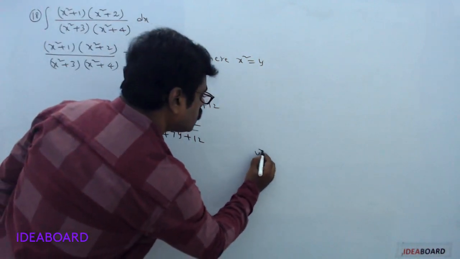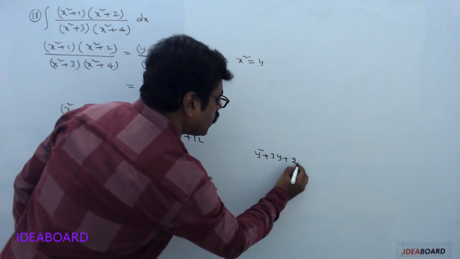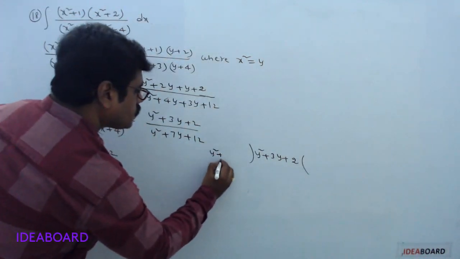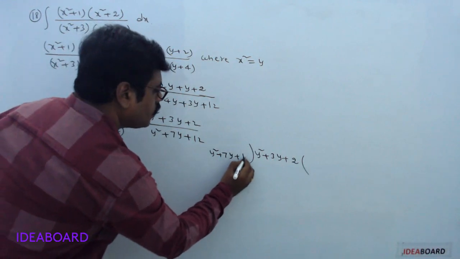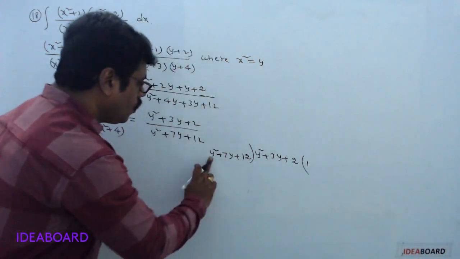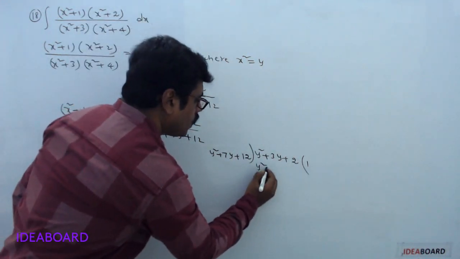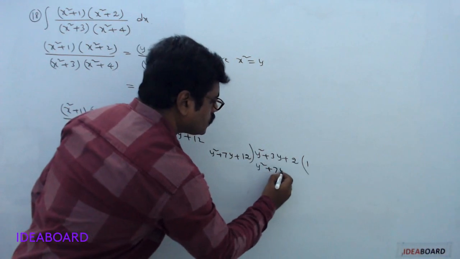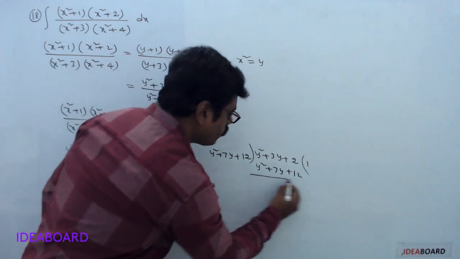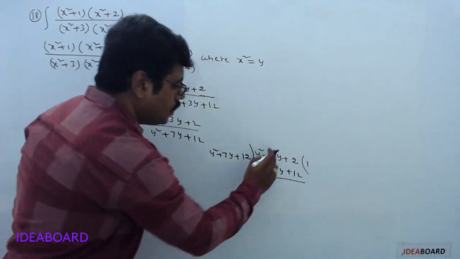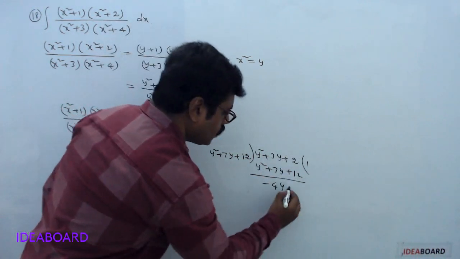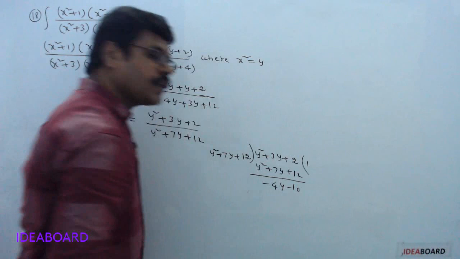Divide the numerator. This is y square plus 3y plus 2. Denominator, this is y square plus 7y plus 12. Multiply with 1. Y square into 1, y square, 7y into 1, 7y, 12 into 1, 12. Now subtracting these two, the y square term will be cancelled. 3y minus 7y, minus 4y, 2 minus 12, minus 10.